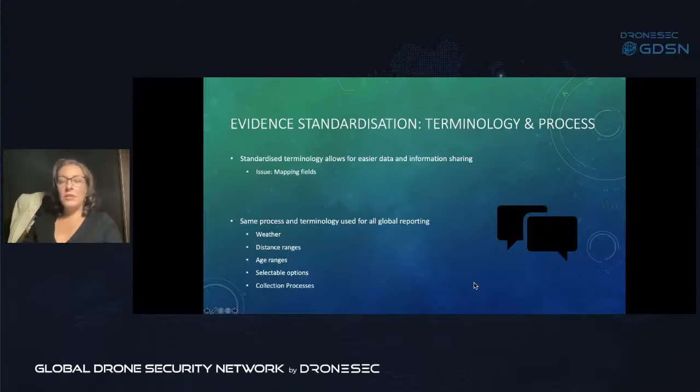And just as mentioned before, the overall collection process. So if we're able to do this, and a lot of people adopt it, it means people from different parts of the world are able to report, and it will come out in a similar fashion, which means a lot of benefits, most particularly for data sharing.